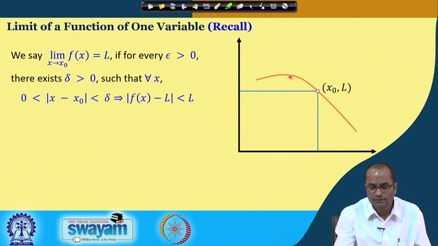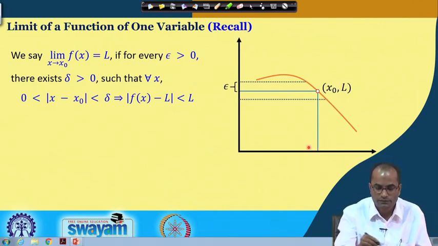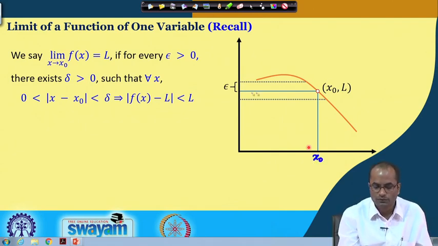We have a function f(x) whose limit as x approaches x0 is L. So, this is the point x0 here, and corresponding to this value is L there.